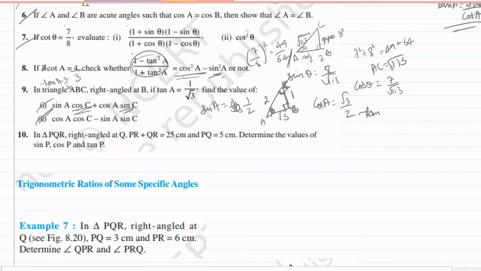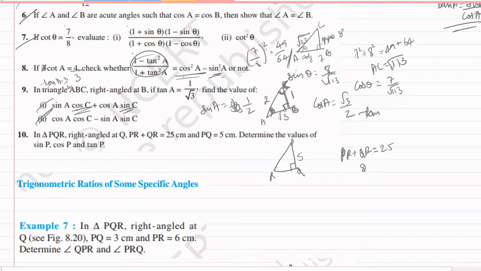10. In triangle PQR, right angle at Q, PQ, simple. This is our right angle, this is our Q, this is our P, this is our R. So PR plus QR is equal to 25 and PQ is 5.